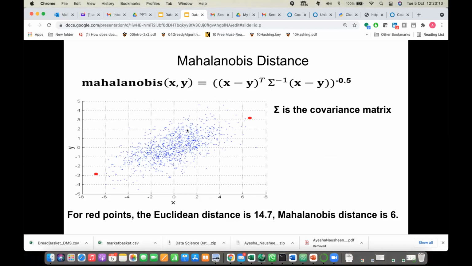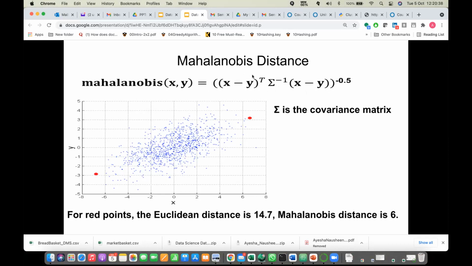Sigma is the covariance matrix. Whoever can recall your statistics can find the covariance matrix between the two objects. Once you find the covariance matrix, represent the objects as vectors, then take (X minus Y) transpose, sigma inverse, (X minus Y). All these are available in packages, but you should understand that it's the Mahalanobis distance, what its formula is, and when to use it.